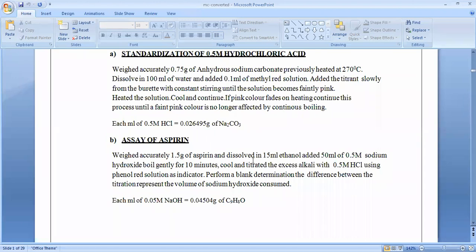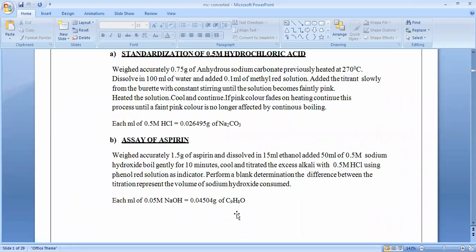All the rest of the chemicals we take in the blank determination: 15 ml of ethanol, 50 ml of 0.5 molar sodium hydroxide solution, then boiling for 10 minutes, cooling and titrating this reaction mixture with 0.5 normal hydrochloric acid.